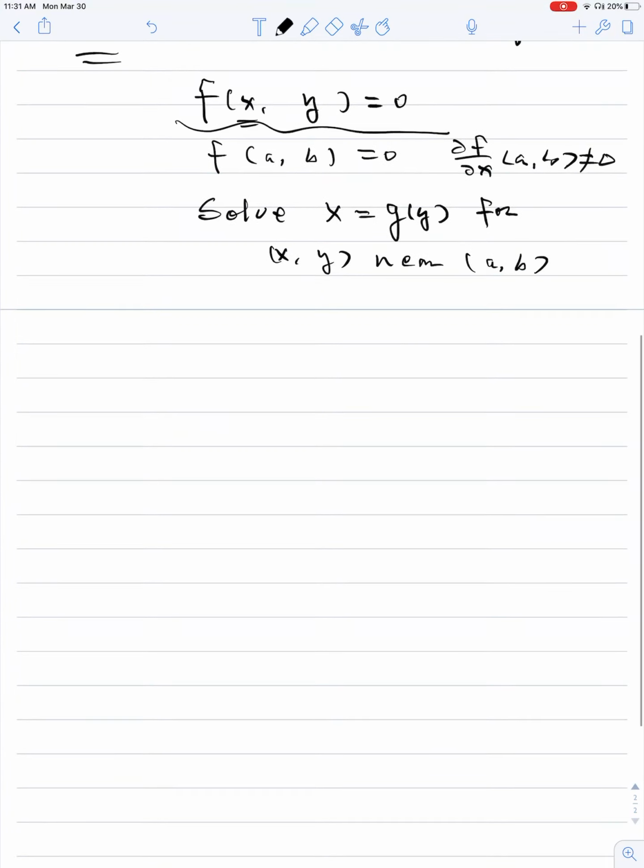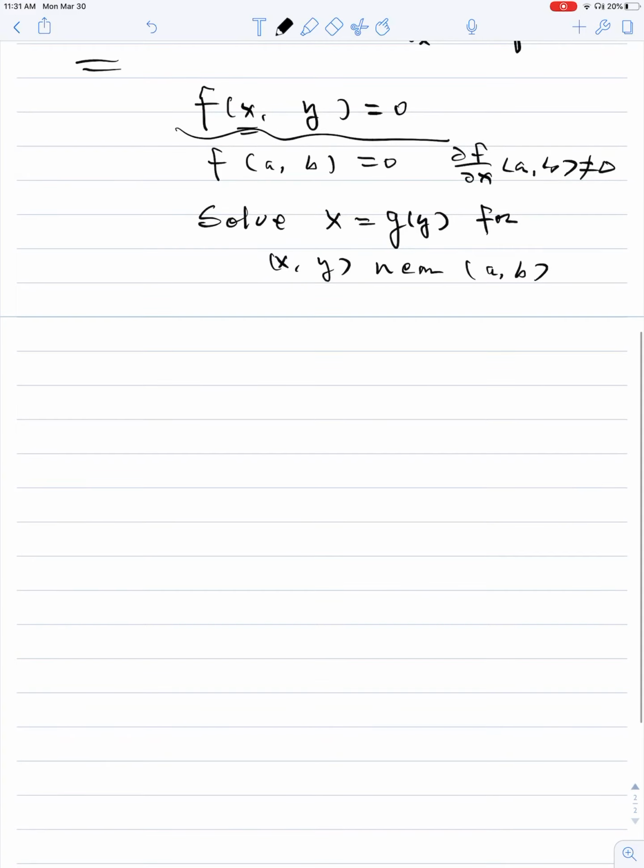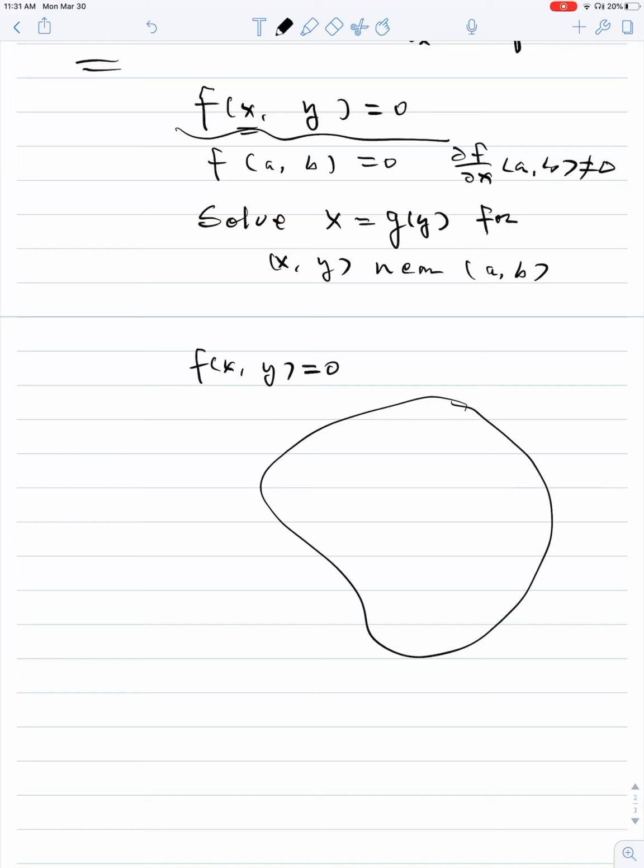Now let's think about this graphically. Say f(x, y) equals 0 is a level set. This is an equation.